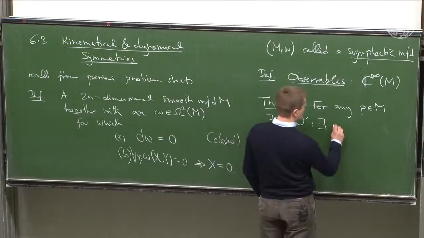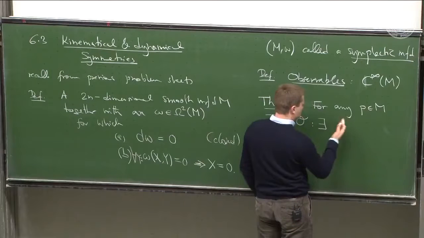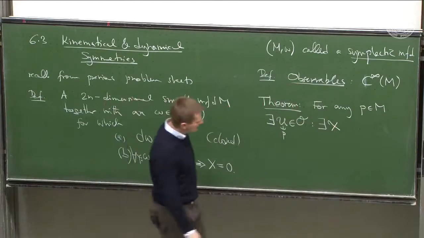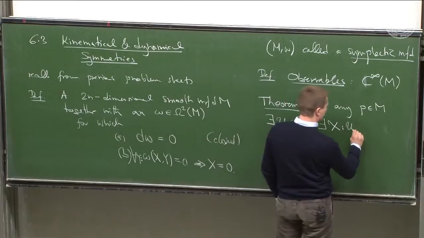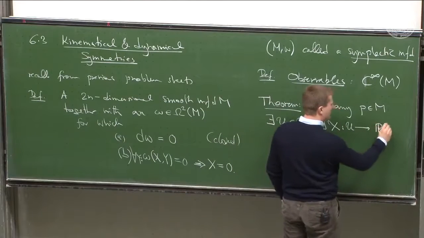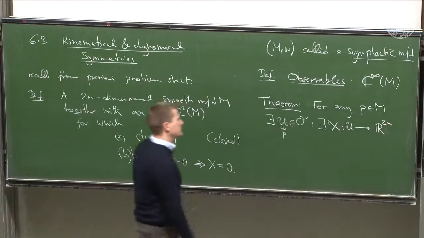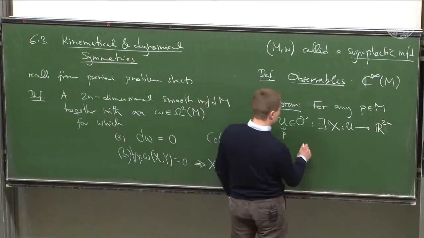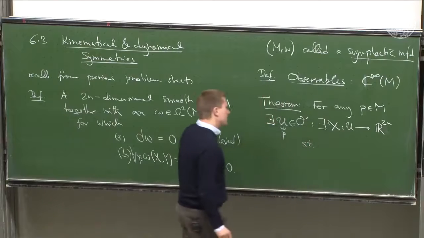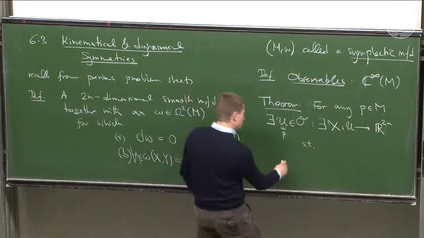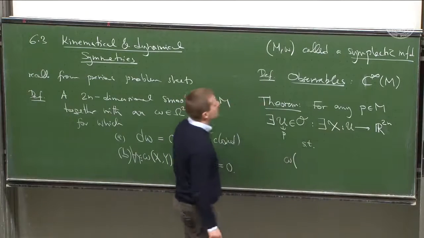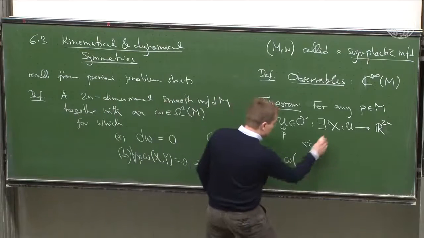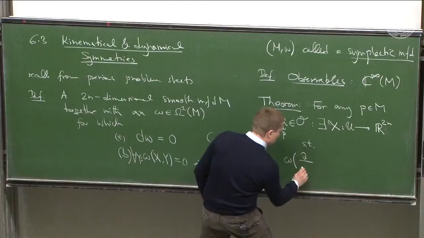Let's call them psi. I know you hate it, but let's call them psi. So there are coordinates from U into R^2n, because it's 2n dimensional, such that if we consider the omega, this symplectic form, in the thus induced coordinate system.